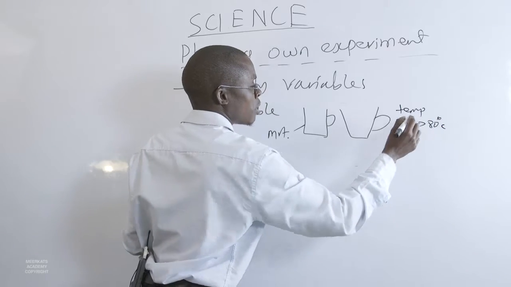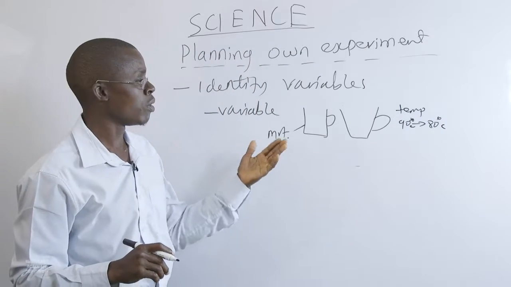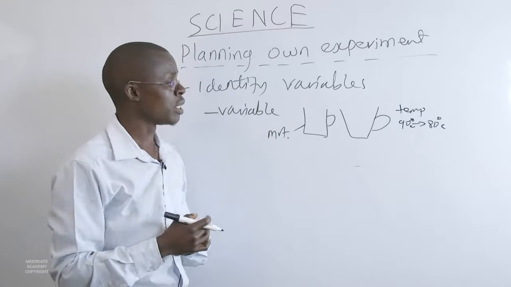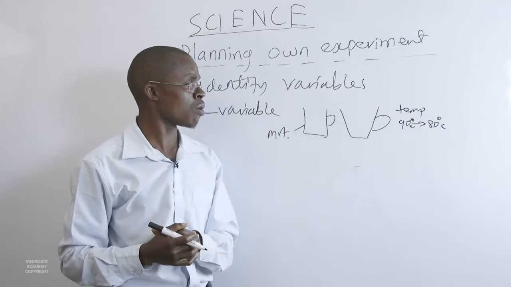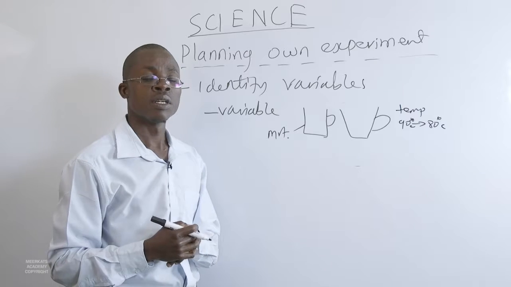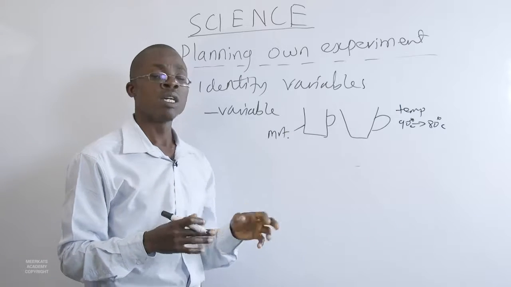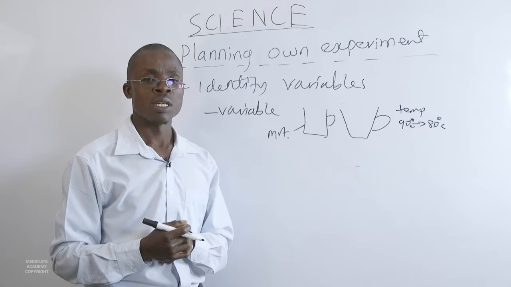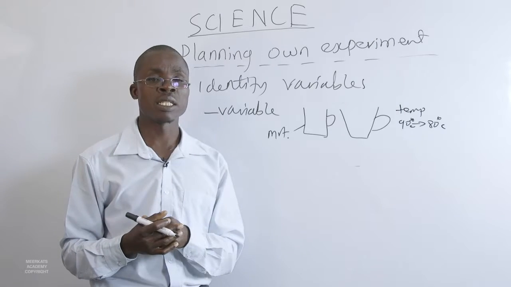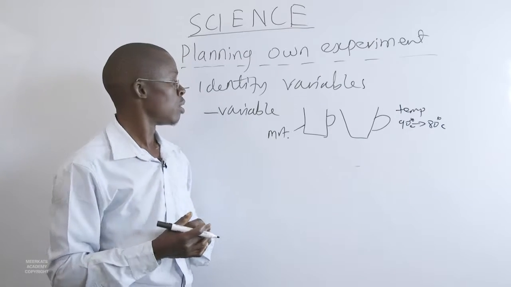We talked of 80 or 85 degrees centigrade. So for that temperature to drop from 90 to 80, you have to look at those variables that will be affecting that temperature drop.